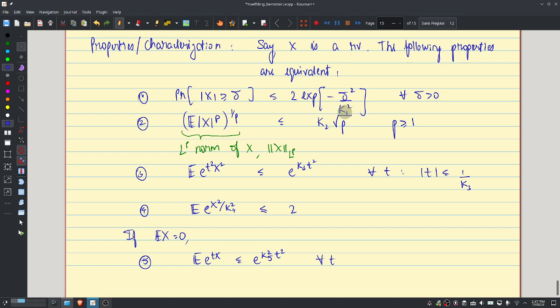So there is some k1 which satisfies this, some constant k1 which depends only on the distribution. It depends on the distribution, but this k1 is independent of delta. Similarly, here k2 depends on the distribution but is independent of p. Same here, it depends only on the distribution, not dependent on p, and so on.